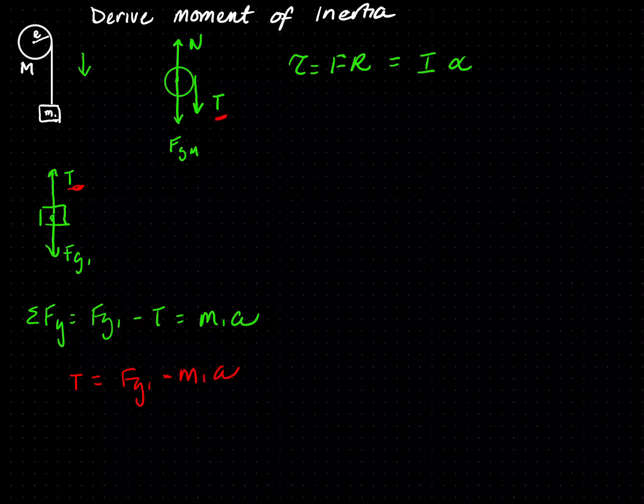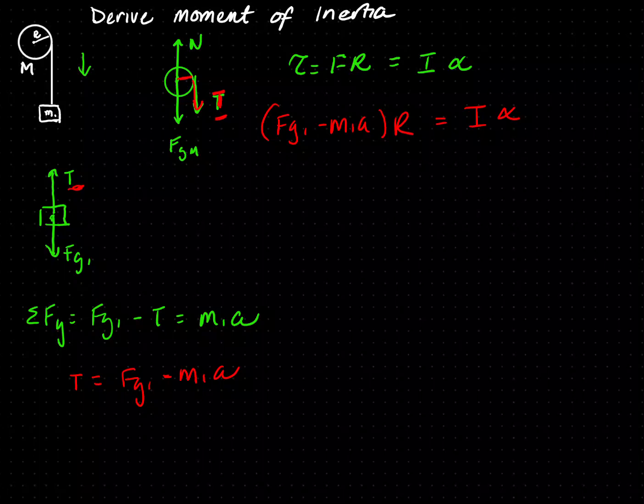So if I plug that in, that's going to be Fg1 minus m1a times R. R is the radius of the pulley. Remember, torque has to be perpendicular to the force. The force here is the T, the tension of the rope, times the radius. This is equal to I, the moment of inertia, times the angular acceleration.